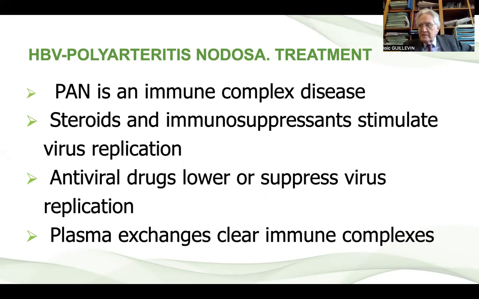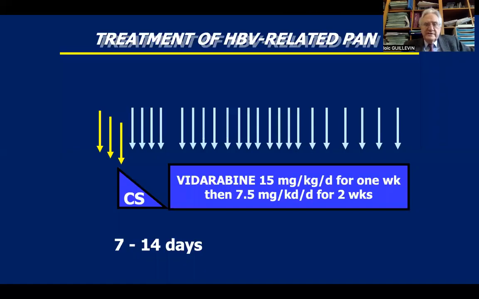It works, but your patient will remain with the virus all life. And when the virus is still present, the risk of liver cancer 20 years after is not negligible. The antiviral drugs, we have a lot now, lower or suppress virus replication, and plasma exchanges clear immune complexes. Combining these two treatments, we now have good tools to treat and cure the disease.